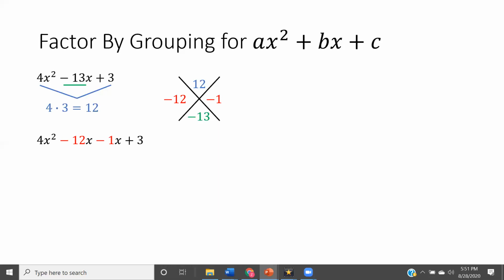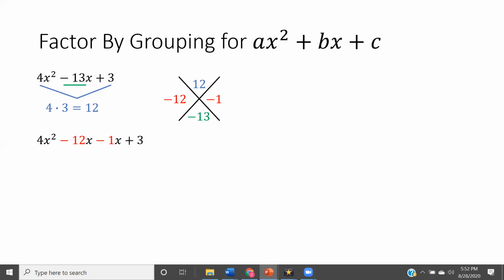Okay, so the whole purpose of that X was to get those two red terms. And those two red terms allow me to break up my -13x into two separate things. And so I can go into what we saw as factor by grouping in the previous lecture.